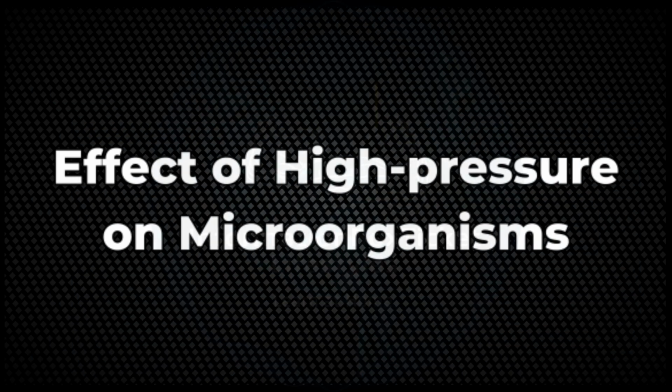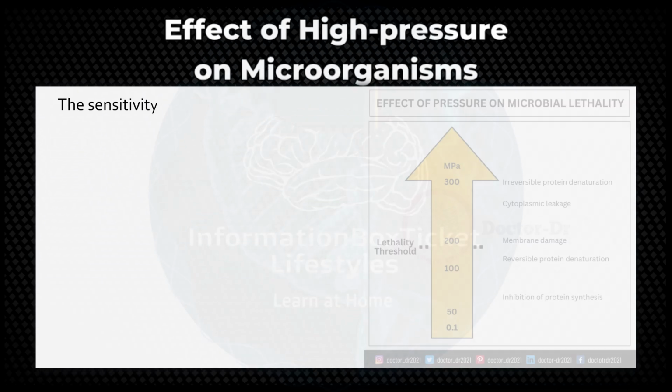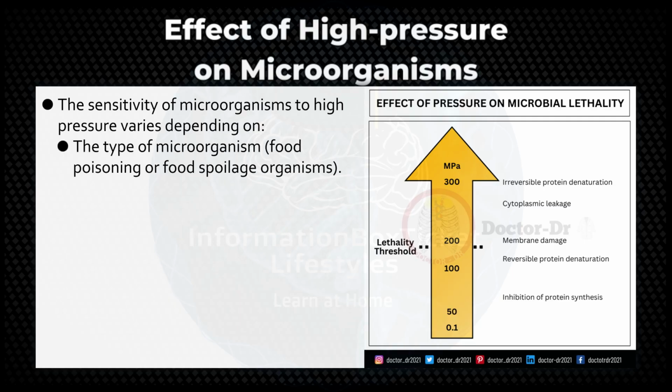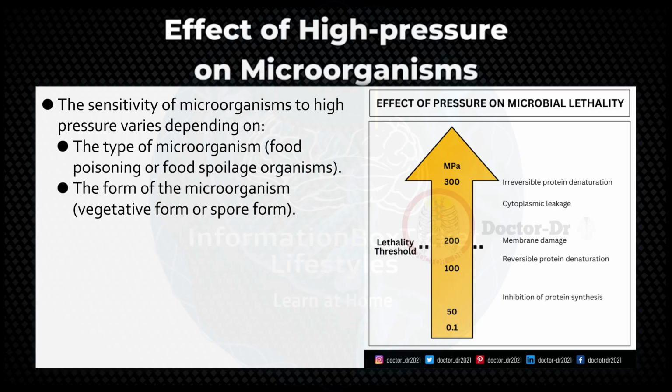Effect of high pressure on microorganisms. The sensitivity of microorganisms to high pressure varies depending on the type of microorganism, food poisoning or food spoilage organisms, the form of the microorganism, vegetative form or spore form.